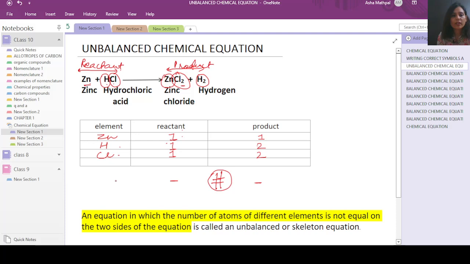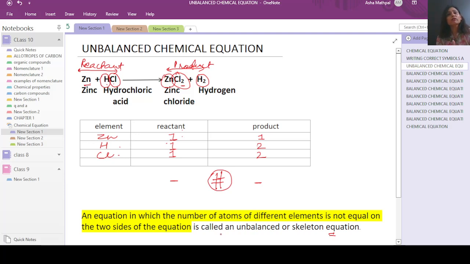So an equation in which the number of atoms of different elements is not equal on the two sides of the equation is called an unbalanced or skeletal equation. In this way it becomes unbalanced, and such an unbalanced equation is also called a skeletal equation.